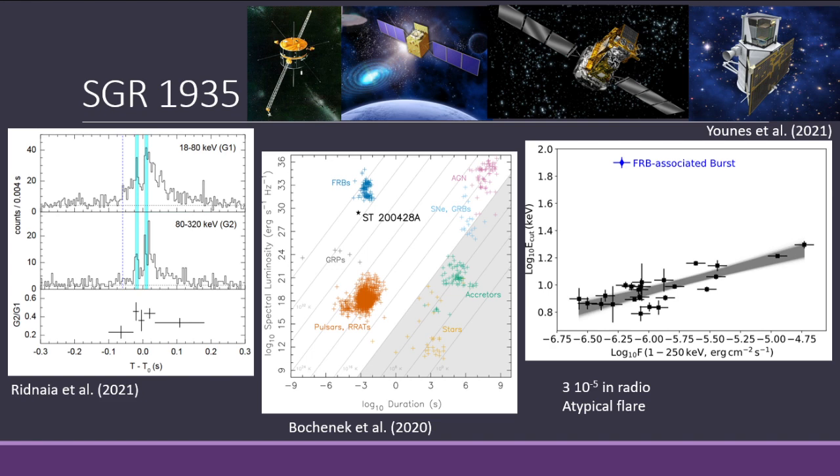It was a clear detection of an analog of fast radio bursts from a galactic magnetar, coincident, which is important, with a flare of a magnetar.